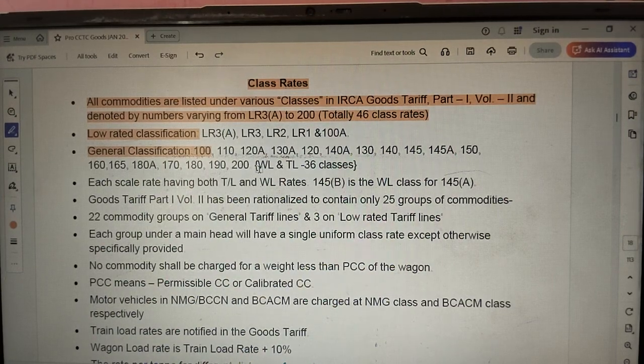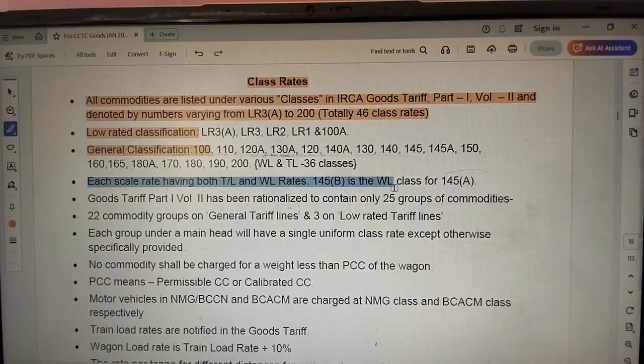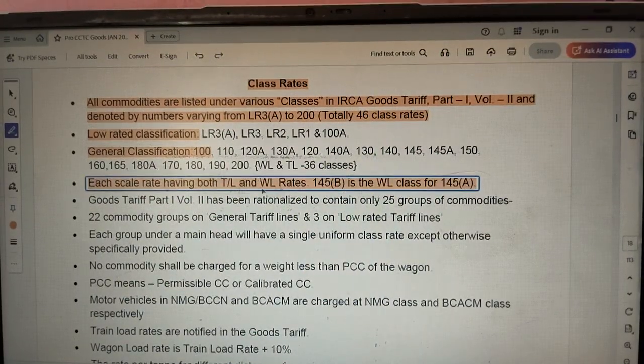In total, 36 classes, each class is a scale rate having both TL and WL rates. 145B is the WL class for 145A.